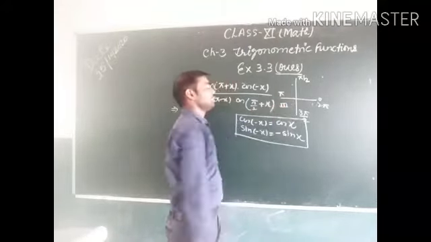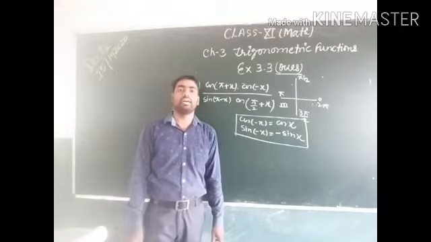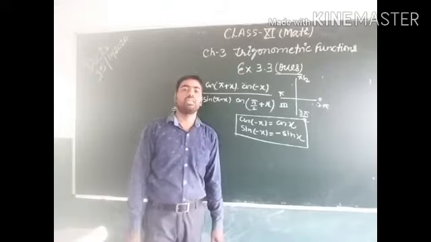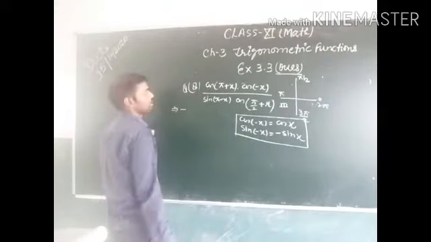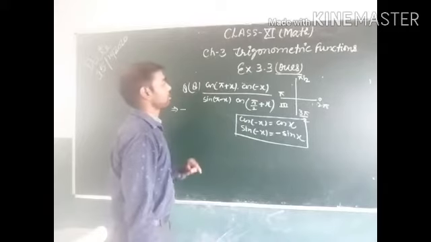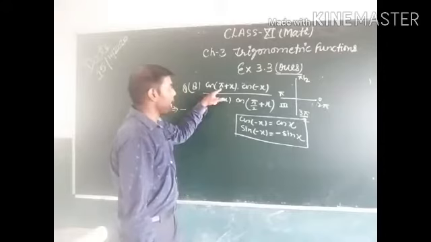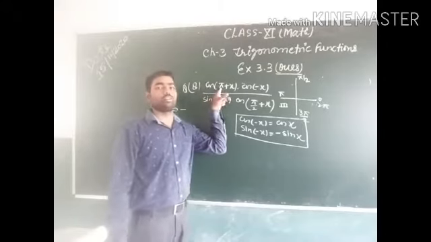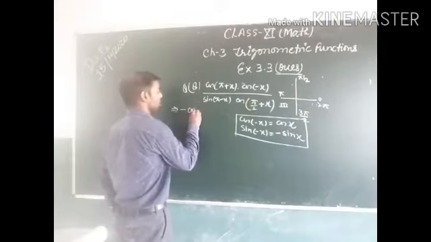In the third quadrant tan and cot are positive and other trigonometric functions are negative, so this is minus. Does transformation occur or not? This is pi, meaning 180 degrees, so transformation does not occur. So we can write cos x.